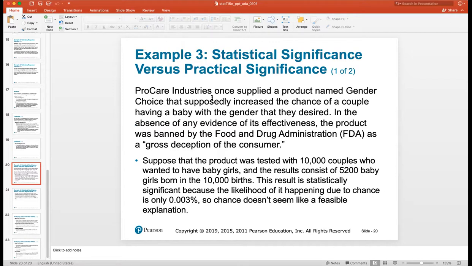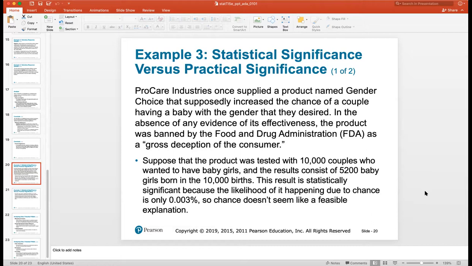Care Industries once supplied a product named Gender Choice that supposedly increased the chance of a couple having a baby with the gender they desire. In the absence of any evidence of its effectiveness, the product was banned by the FDA as a gross deception of the consumer. Suppose the product was tested with 10,000 couples who wanted to have baby girls, and the result consists of 5,200 baby girls born in the 10,000 births.